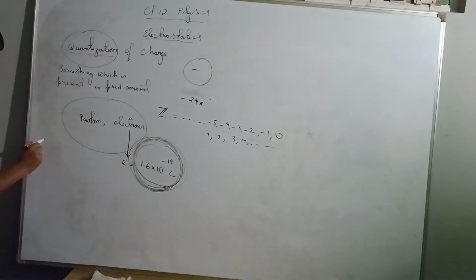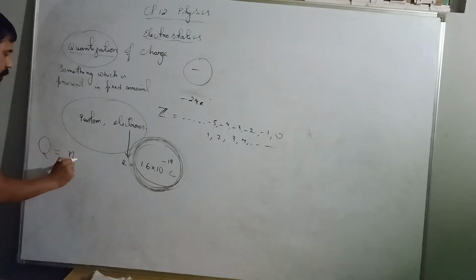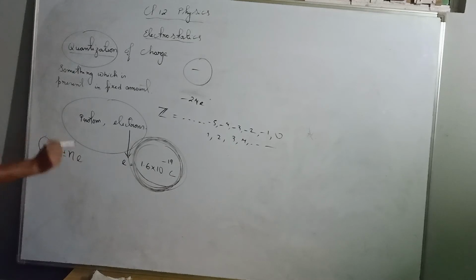The total charge of a body is n times e, where n is any integer. If a body has overall positive charge, n is positive. If a body has overall negative charge, n is negative. This is known as quantization of charge.